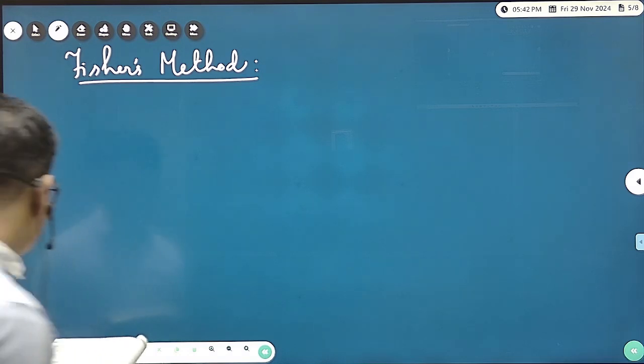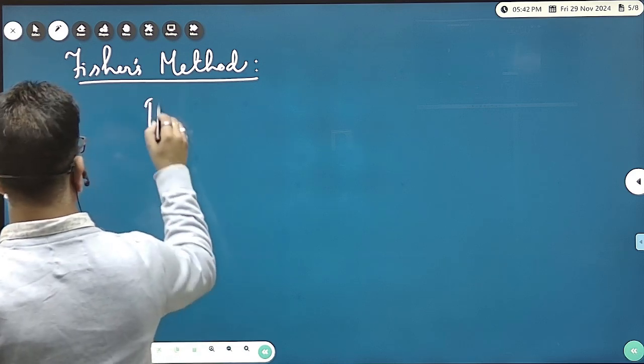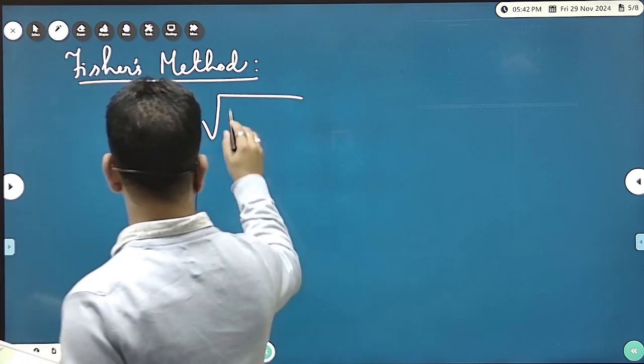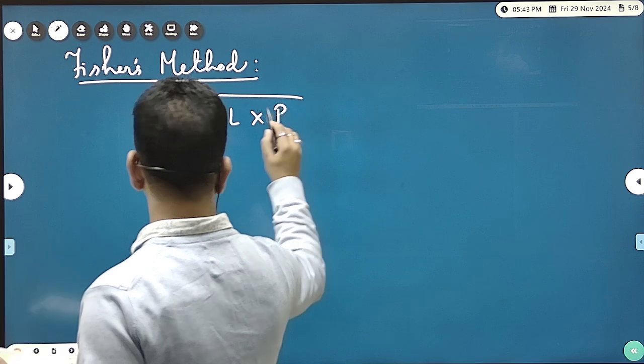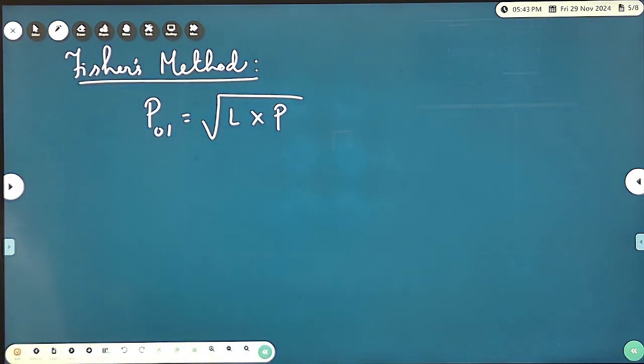Now this is called Fisher's method. Here it is more particular. He just used the price index given by Laspeyres method and Paasche's method. I repeat, so what did he do? Look at this, very easy. He did not do anything new.